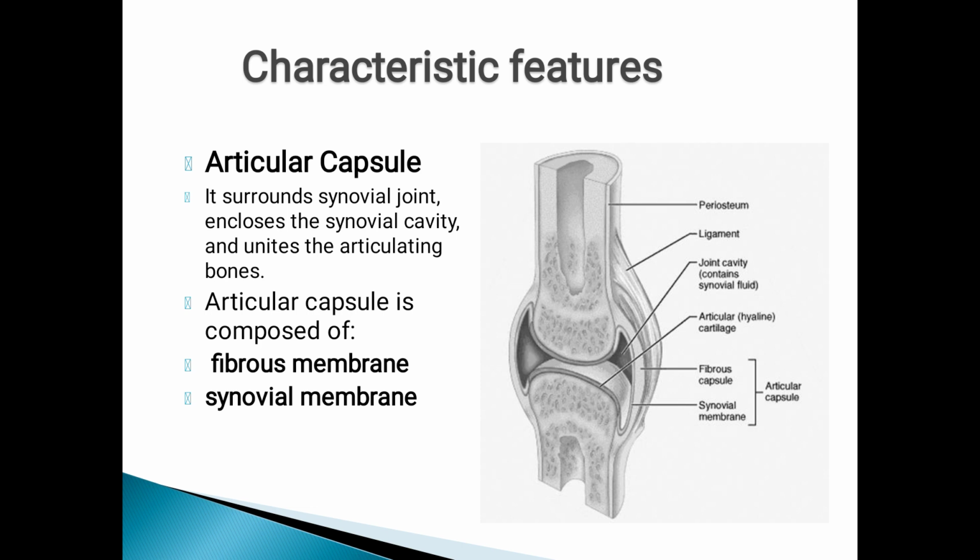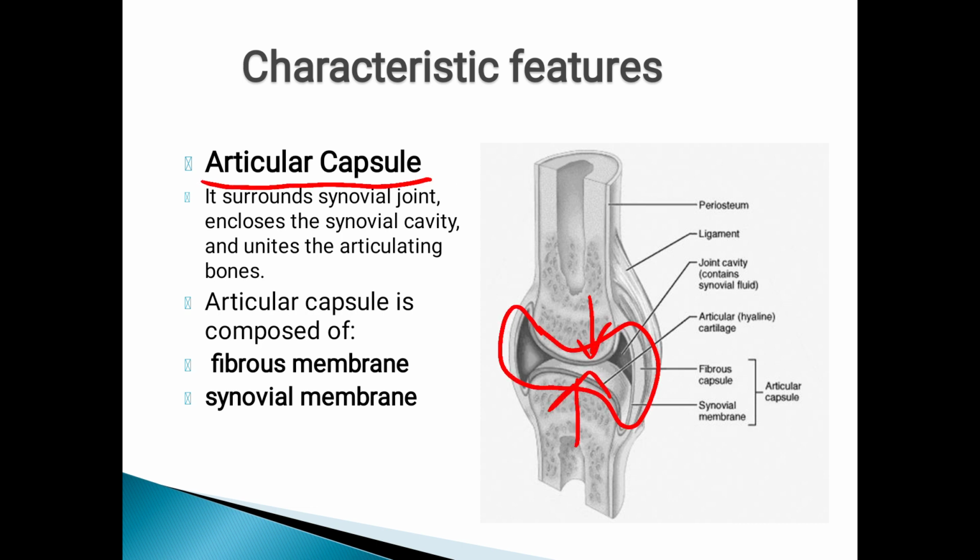So the characteristic of this synovial joint is that it consists of an articular capsule. What you can see over here is the articular capsule. It surrounds the synovial joint, encloses the synovial cavity and unites the articulating bones. So it will unite these two bones.